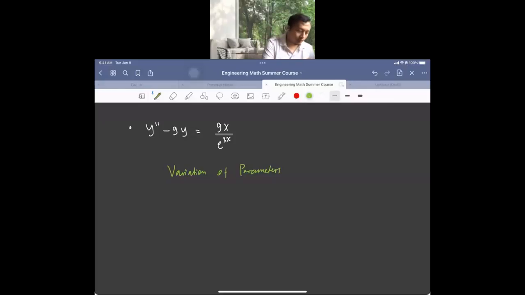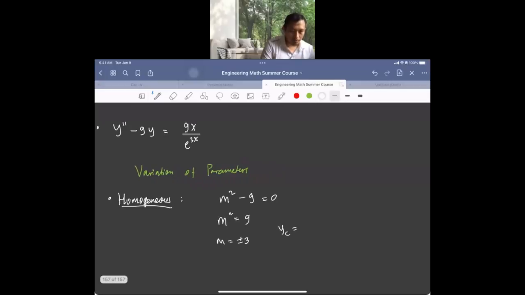The first step is the same as the previous one. We need to check the homogeneous solution. So we are going to use our auxiliary equation, which gives m squared minus 9 equals 0. So m squared is 9, so m is plus minus 3.